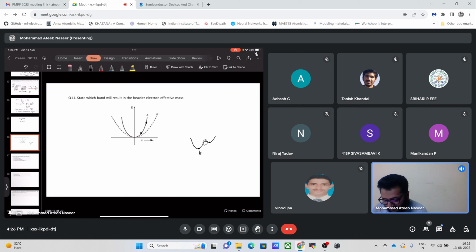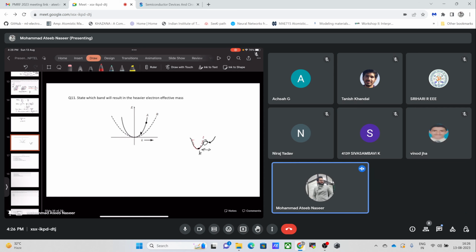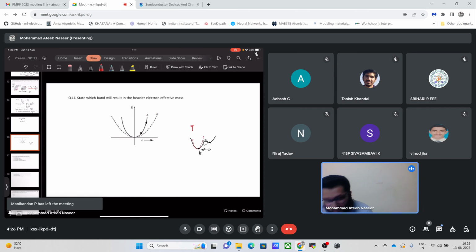So if there is some translation in the k vector, and as a result of momentum conservation we went to this particular place, and I try to fit a parabola for this region, it would have some slope, y equal to a1 x square.